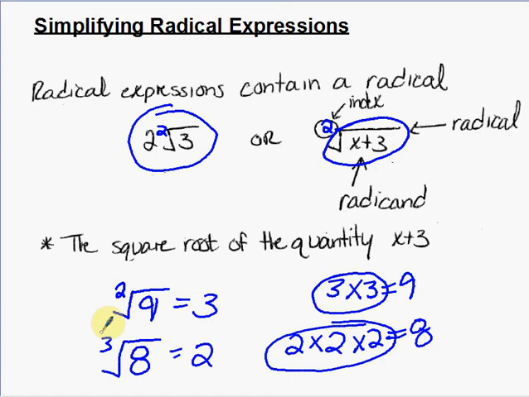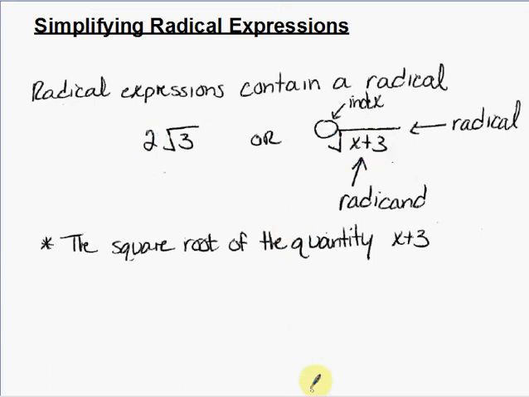So this little number is called the index, and if you don't see it, you can assume it's a 2. The number or expression underneath the radical symbol is called the radicand. Here it's x plus 3, here it's 3, here it's 9, here it's 8. Alright, let's go ahead and simplify some expressions.